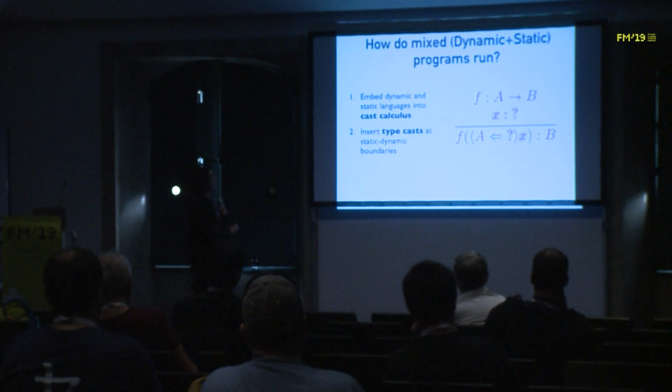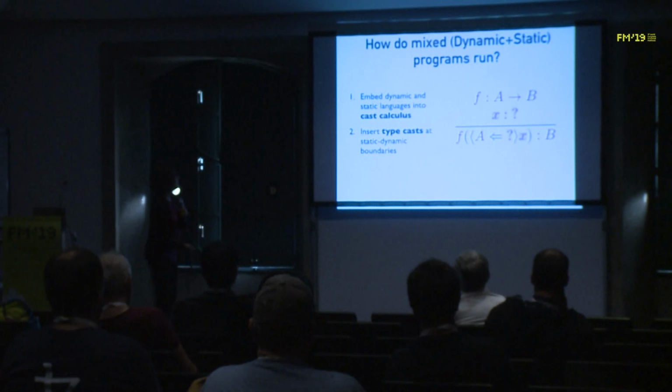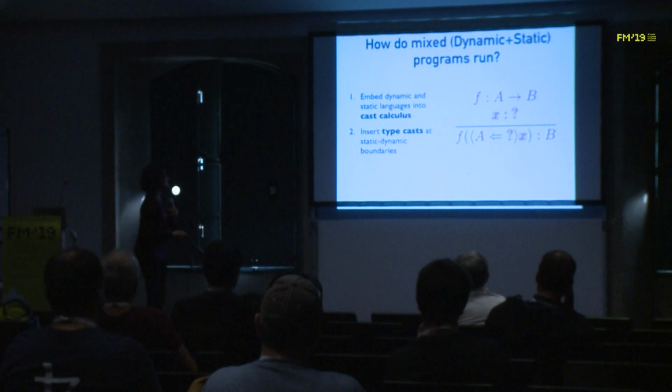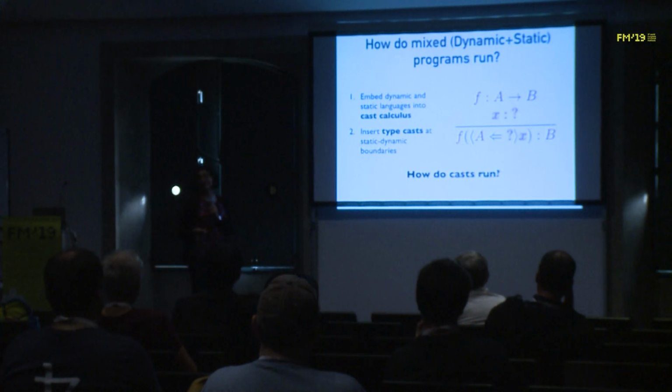Then what really needs to happen is that you need to take that term and cast it from a dynamic type to a static type. And really, these typecasts that I have here from question mark to A will sit at the boundaries between your static and dynamically typed code. And now the question then is, how do these casts run? What is the semantics of casts?